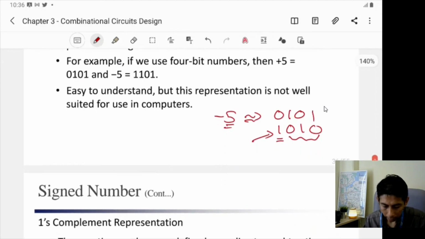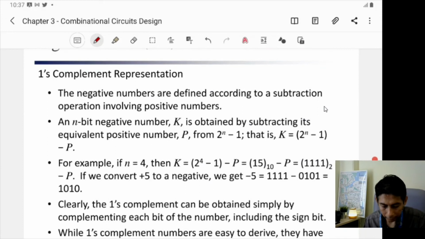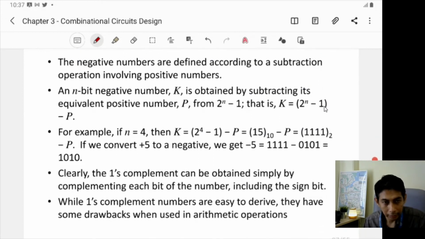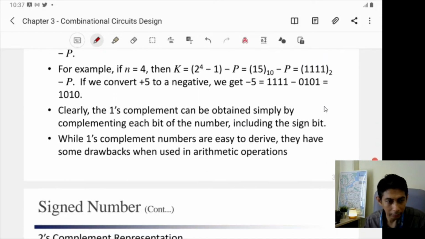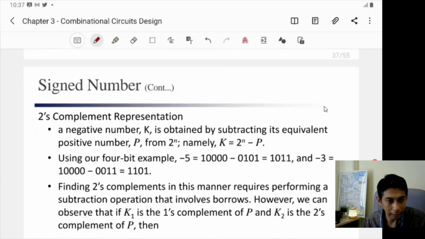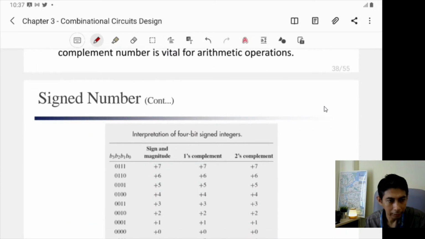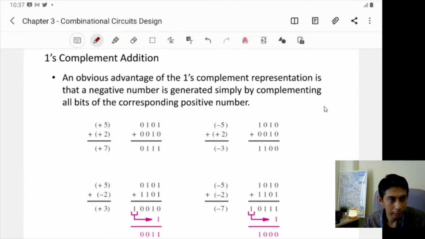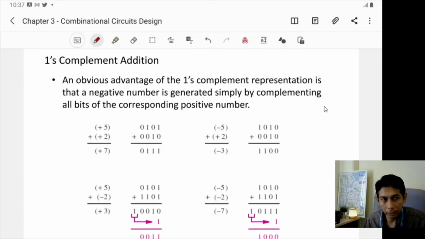So the good thing about first complement representation is that we can do something like this. Let's look at this example, first complement addition.